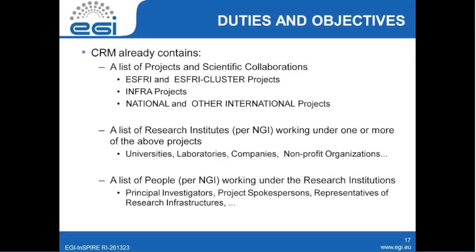Besides that, there is also a lot of information about research institutes per NGI working under one project or working under several projects. This information is also in the system with the correct links to the projects that the different institutes are working on. And the piece which is missing here is that we don't have a lot of person contacts.